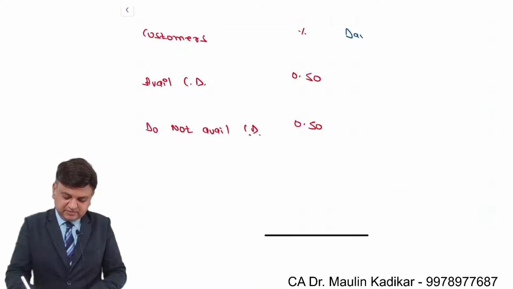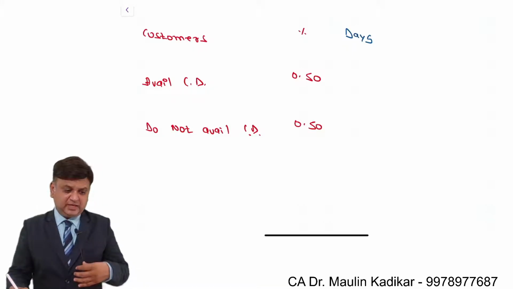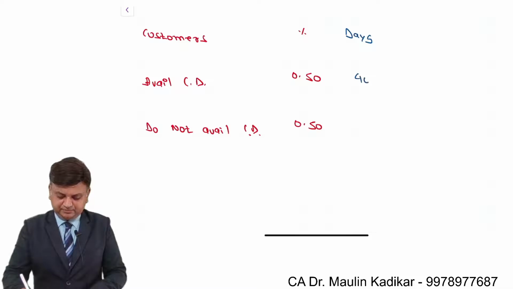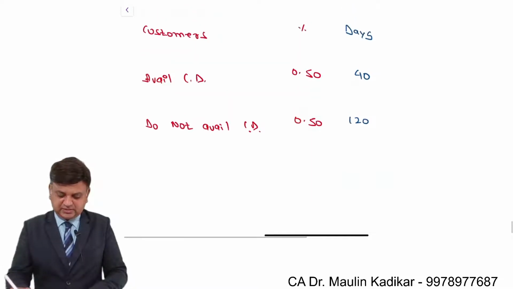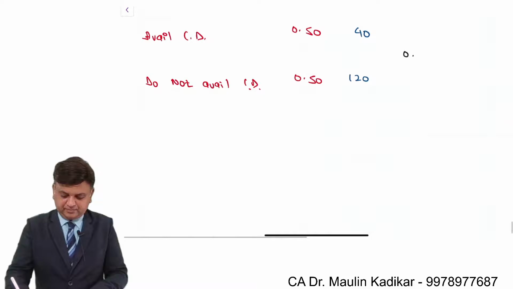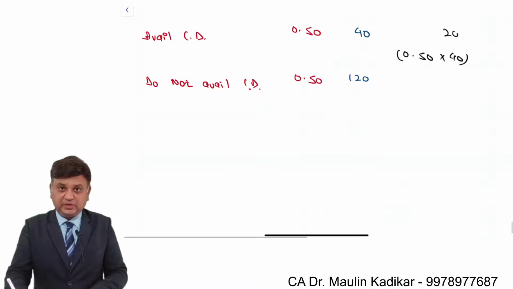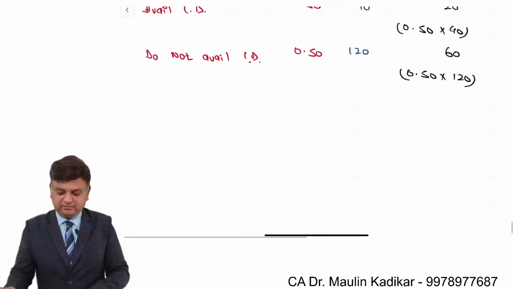Number of days. Customers who are availing cash discount are making payment in 40 days and the remaining customers are making payment in 120 days. Percentage into days. So 0.50 into 40, that comes to 20. 0.50 into 120, that comes to 60.